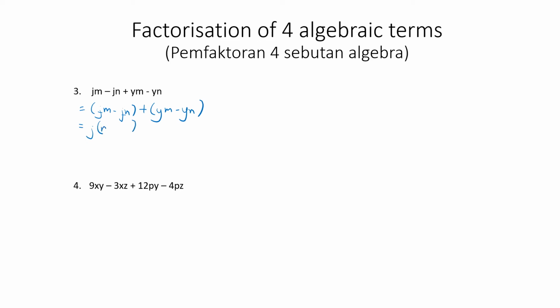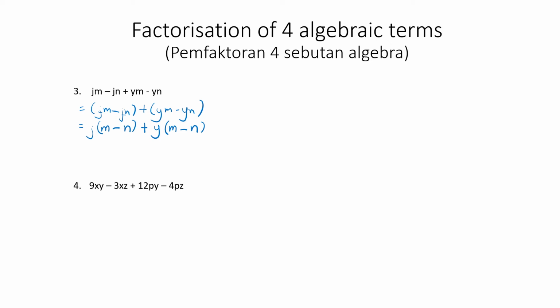So j times m, you can get jm, and this is minus, so I put minus. J times n, you can have jn, plus the common term is y, and the inside of the bracket is m minus n.